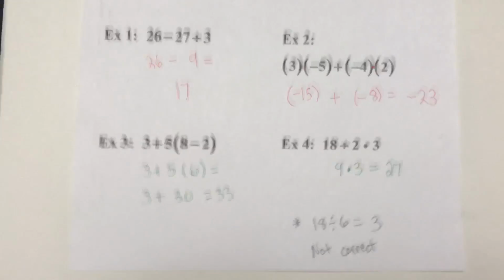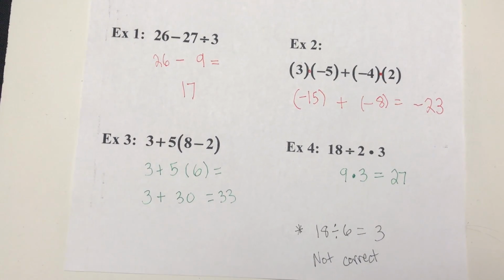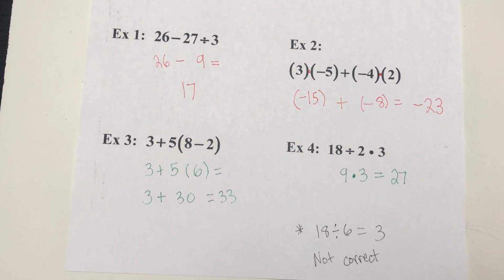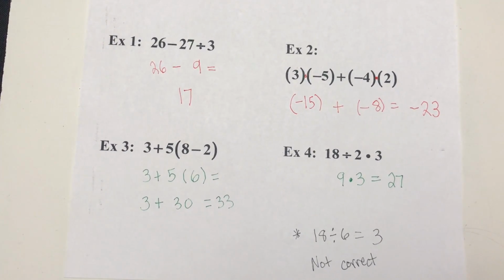That was just a quick way of showing what some students will do incorrectly and get an answer that looks like it may make sense. However, they did not follow the proper order of operations.